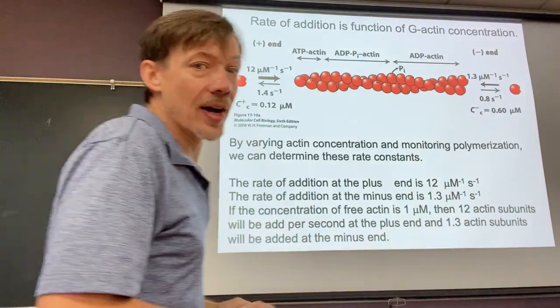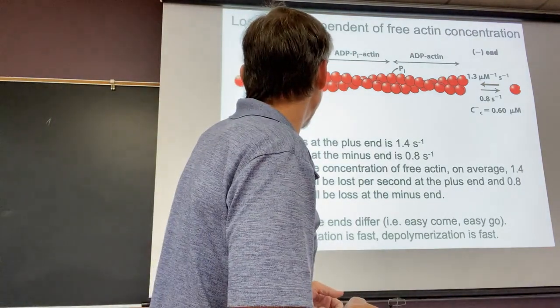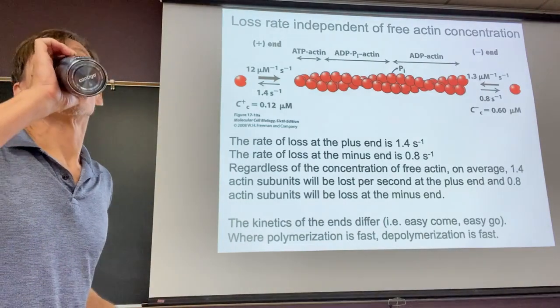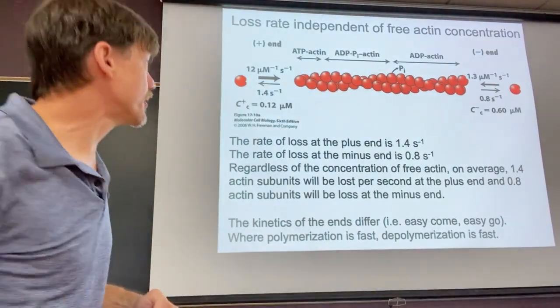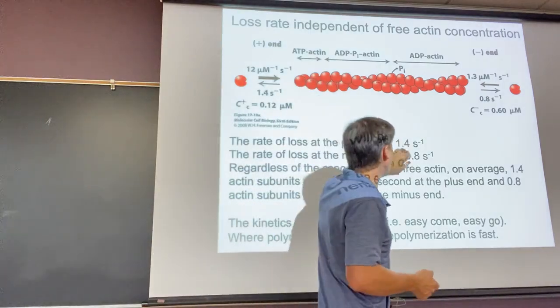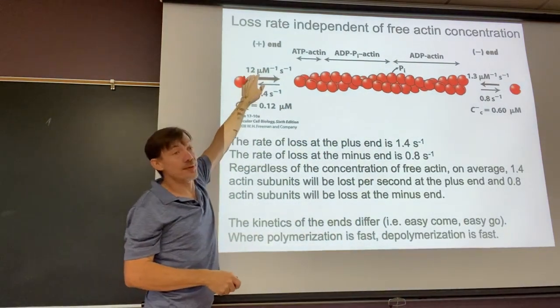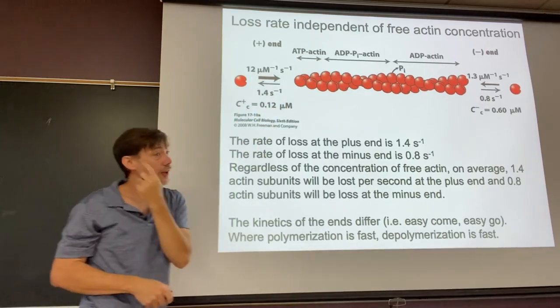And there are also the off rates. At the minus ends and the plus ends, the off rates are different. When we look at the on rate, the on rate depends on concentration.